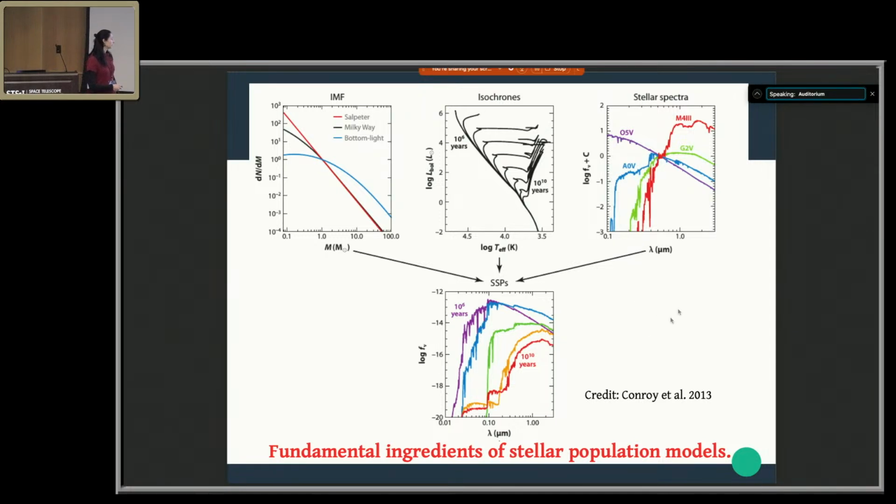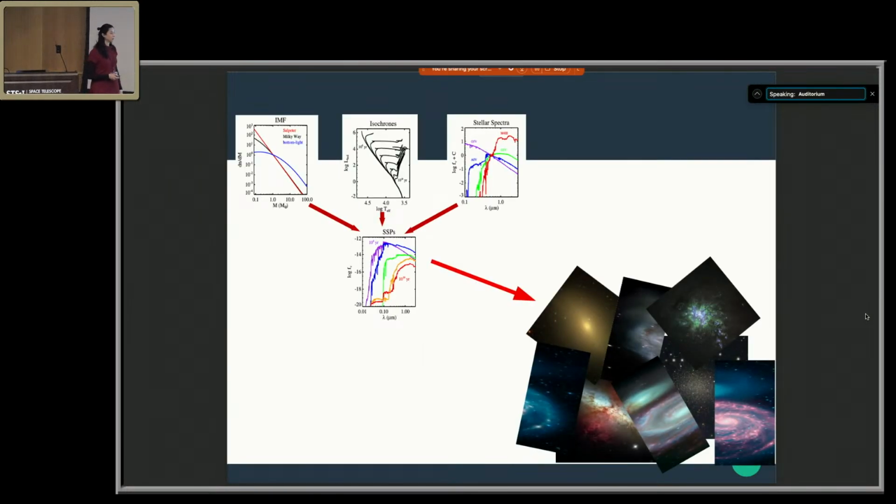So you need good stellar libraries to build stellar population models. And I care about this because I come from an extragalactic background, and the only way to interpret faraway galaxies where you do not resolve individual stars, and this is most of the galaxies we are talking about, right? Faraway galaxies, you only have the integrated spectrum. So this is a fundamental tool to interpret the spectrum of these galaxies. So we need this stellar population modeling.